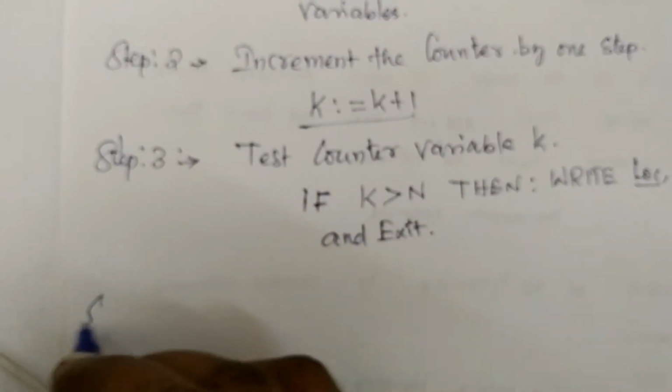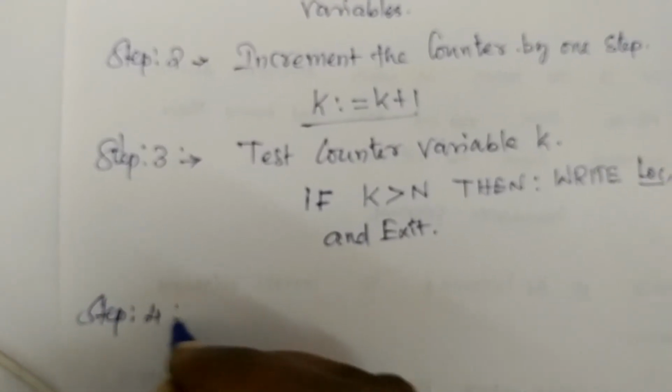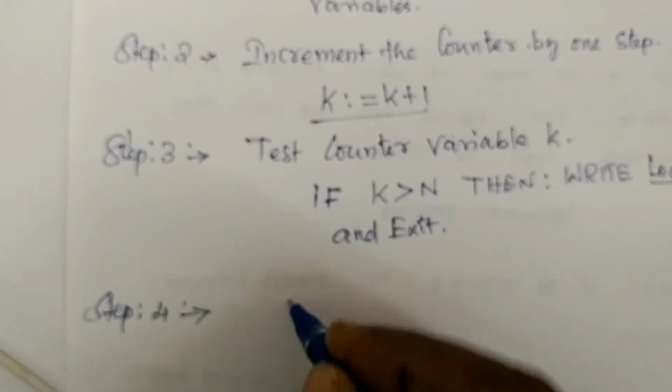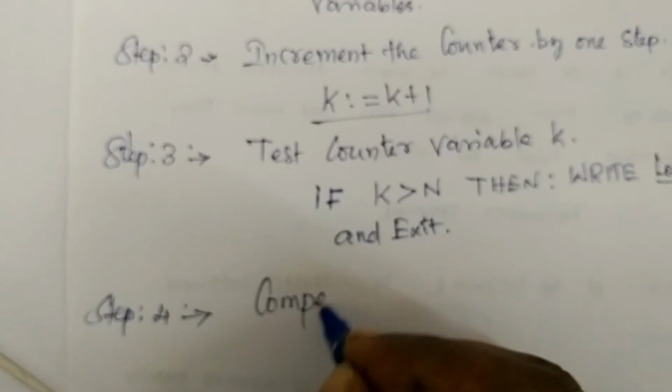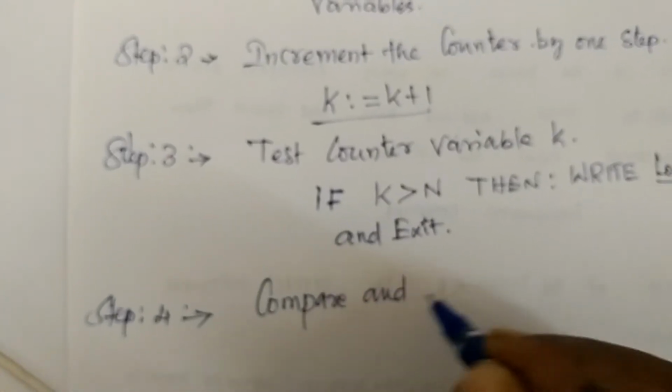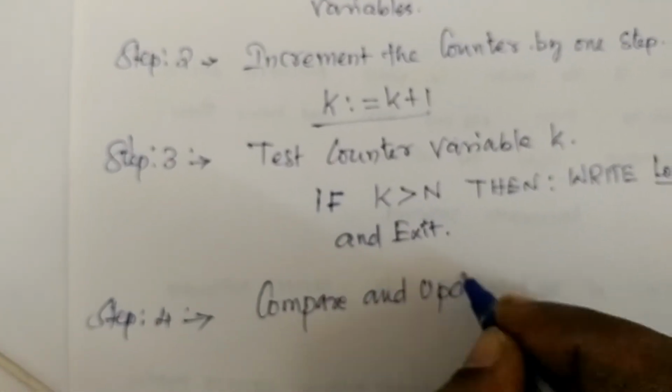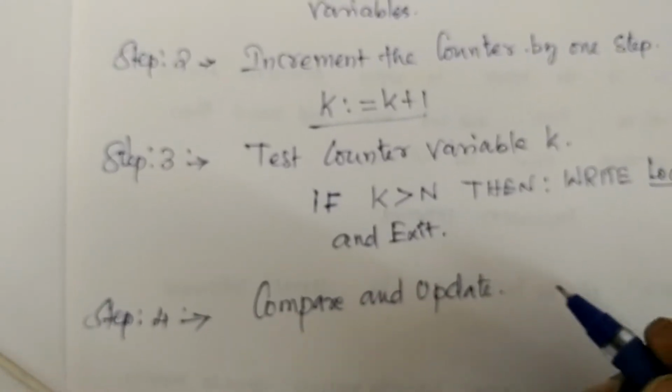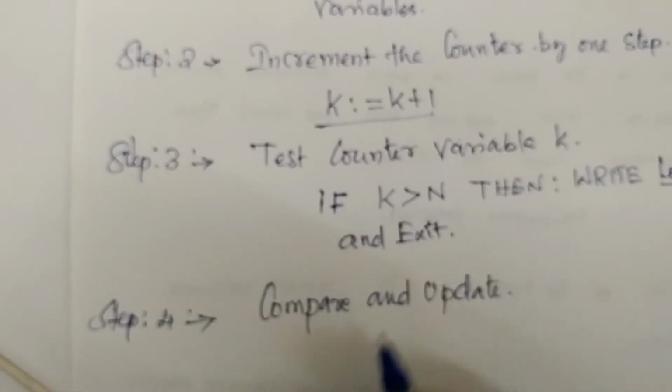The next step, step number 4, we have to compare which one is the maximum. Step number 4 is compare and update. So you have to compare the maximum value, then you have to update.